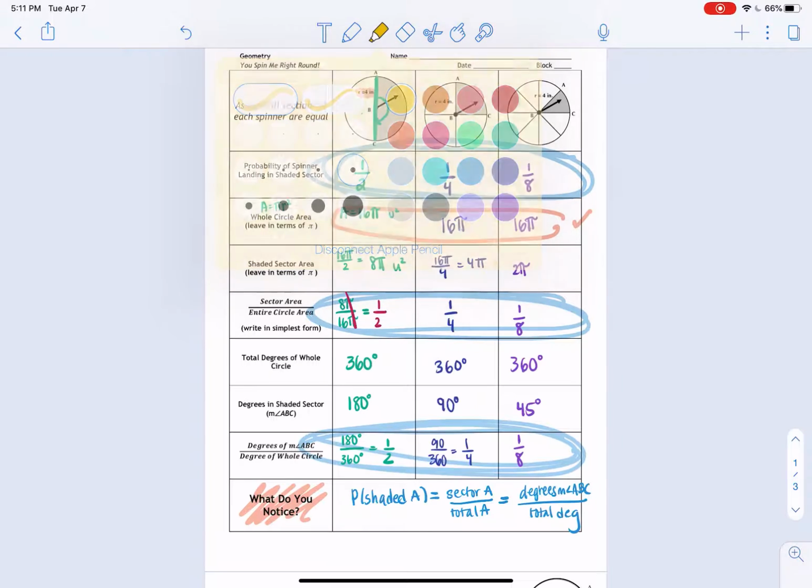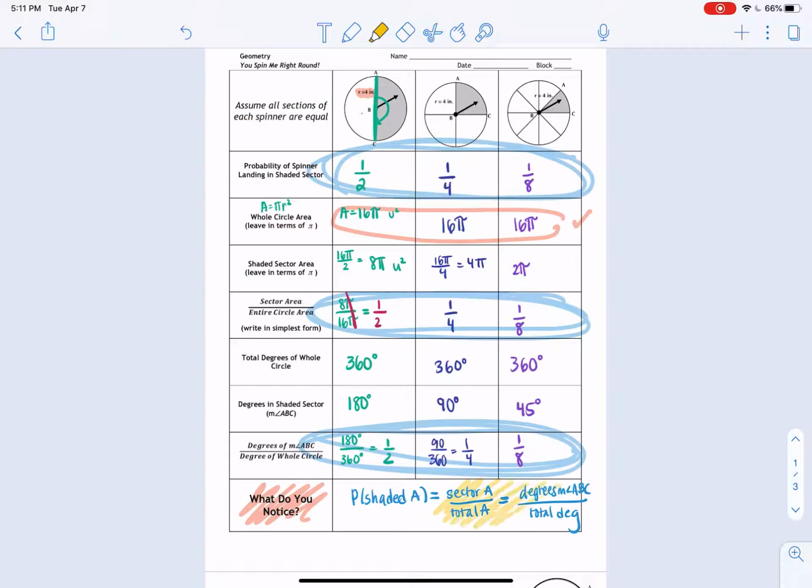And this right here is a big idea that's going to help us figure out how to find sector area when things aren't as clean cut.